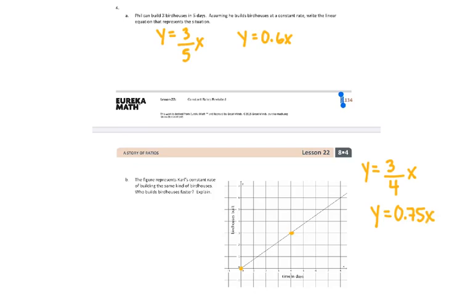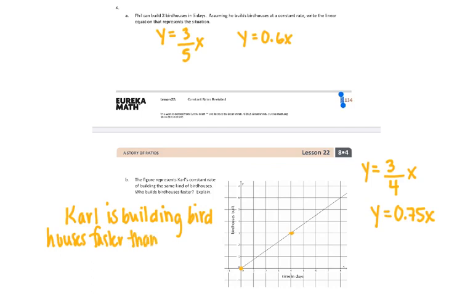So that's larger than what Phil is building. He's building more of a birdhouse in one day than Phil is. So they're asking us who is building birdhouses faster, and we can say that Carl is building birdhouses faster than Phil is because Carl has a larger constant rate.